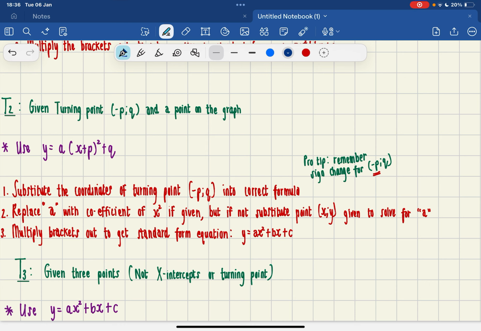So when given the turning point and a point on the graph, what would we do? Our mind would have alarms going saying we're going to use the turning point form, which is y = a(x + p)² + q. Firstly, we substitute the coordinates of the turning point into the correct formula.